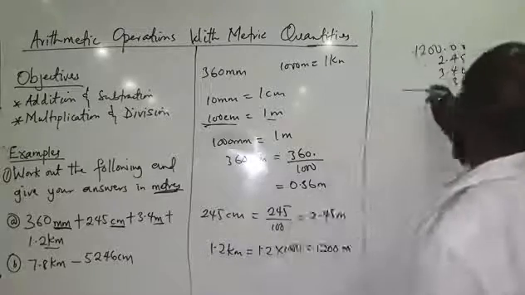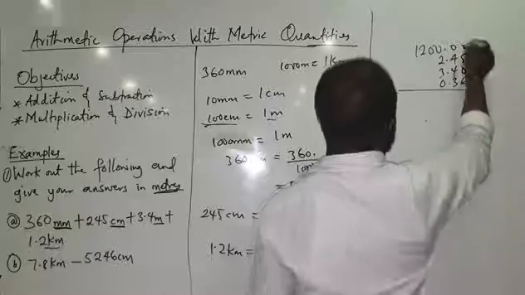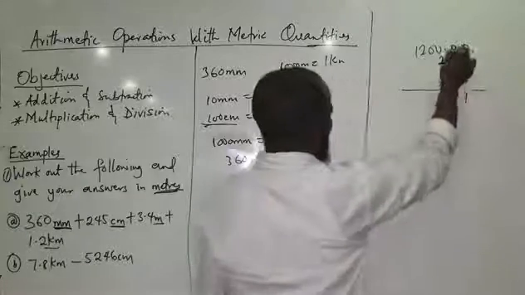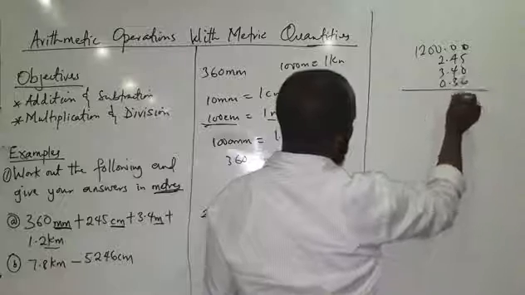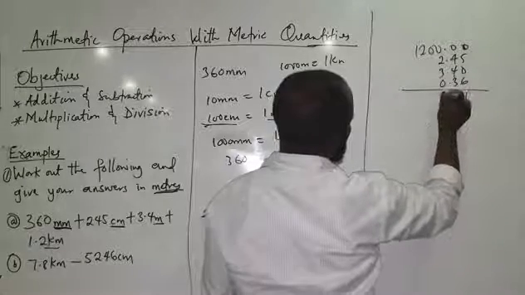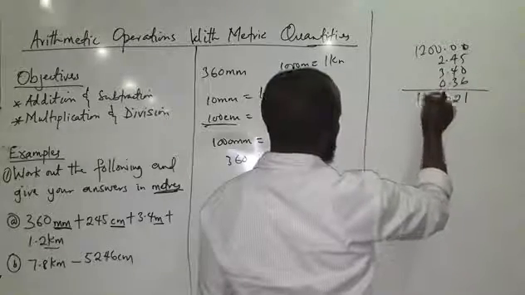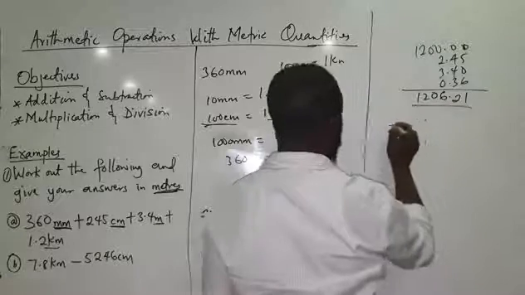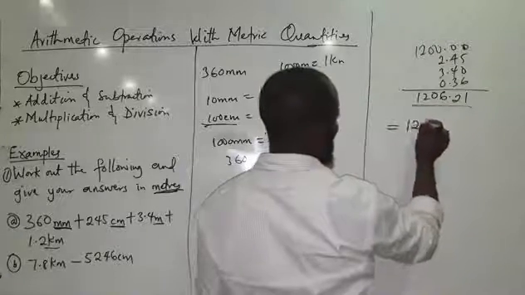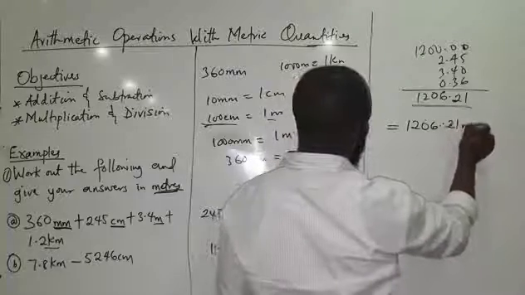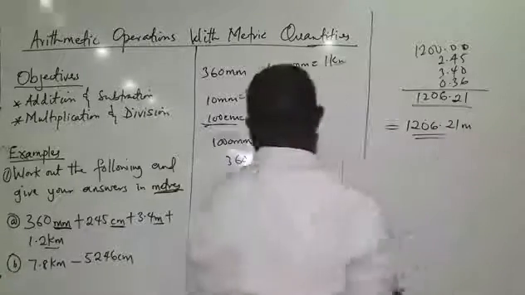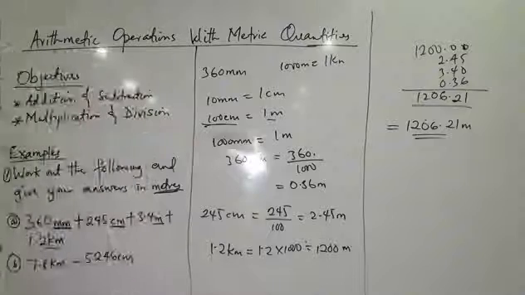So we add them together now. This is 0, this is 1, this is 8, 9, that is 12, carry 1, and this gives 6. So the answer will then be equal to 1206.21 meters. So that is the answer for this one. I hope this is clear.